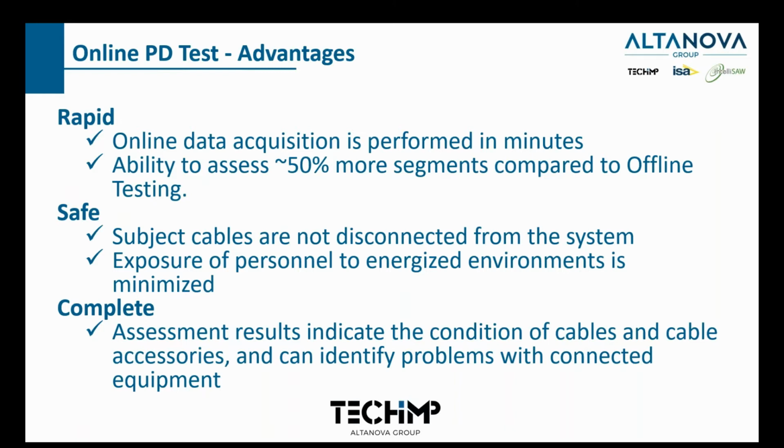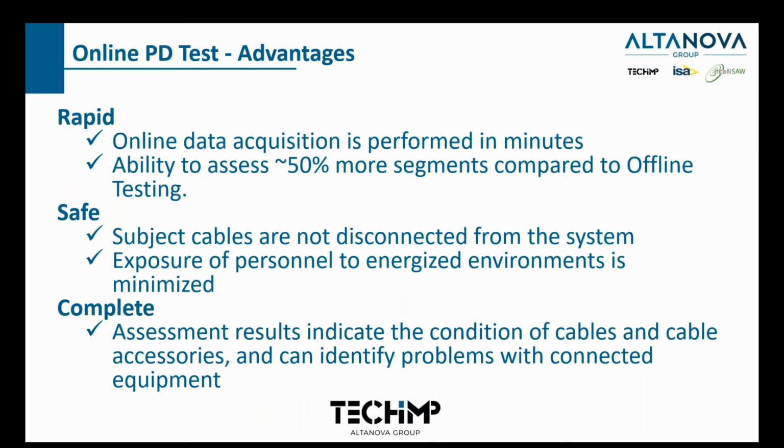And also the completeness. If we compare online with offline, apparently offline we only test the equipment under test, which is switched off from the grid. In online test, we test everything that is connected to the equipment under test. So using cable as an example, the cable is connected to the switchgear or to the transformer, and when we do the online test, if any of the connected equipment has a problem, we're going to see it.